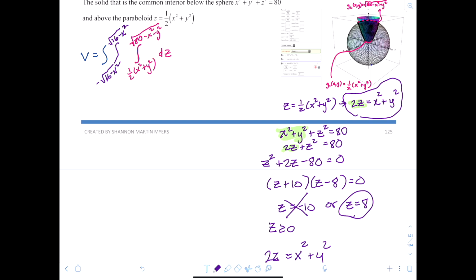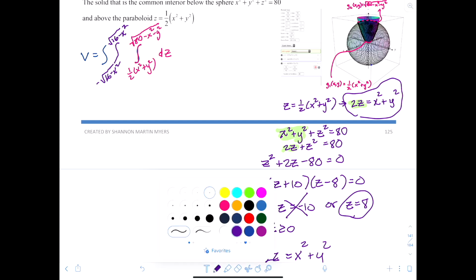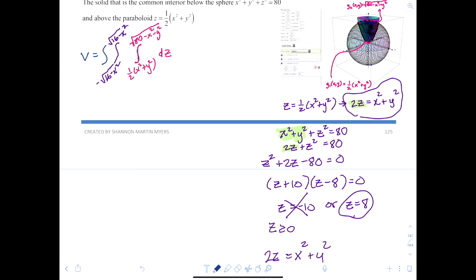And x, since we're dealing with a circle, is just going to go from negative 4 to 4, because that's the radius of our circle. And so we've got this setup here, and it's all done. So this is how we would set it up.